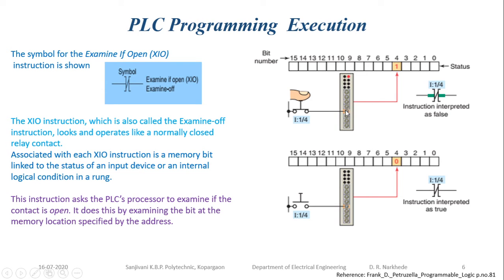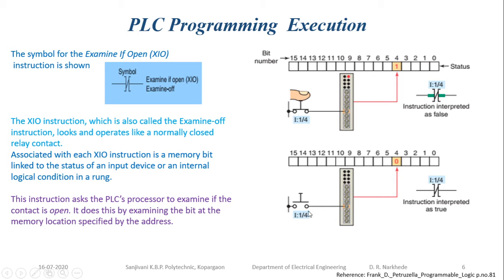The value of this is going to be updated into the input image table bit 4. As the NC is there, as we already discussed, XIO means NC, so my condition is false here. My supply is continuously flowing, and this switch is not pressed. Unless the input is in this state, your condition is going to be false.